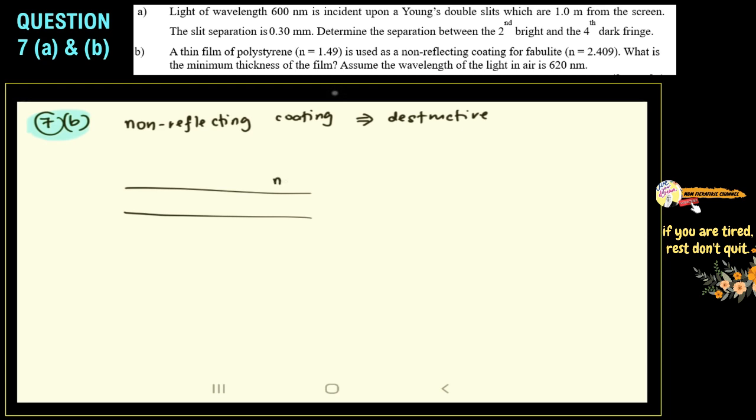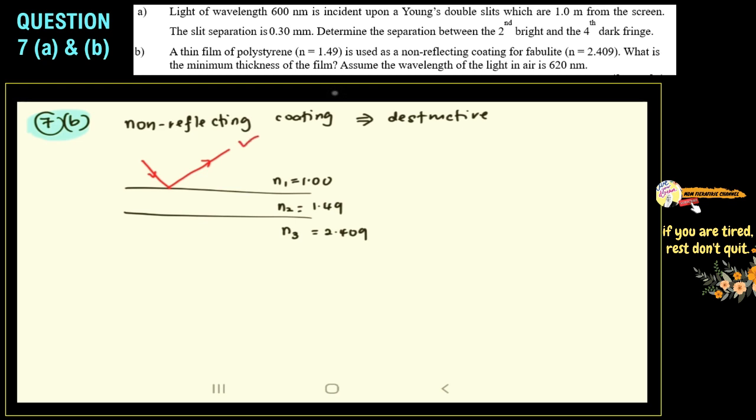Okay, so this is air, and n1 is 1.00, and n2 is the thin film layer, polystyrene, so 1.49, and n3 is the fibulite, 2.409. Okay, so look at the interference. It comes from the lower refractive index to the higher refractive index of 1.49. So there is a phase change from n1 to n2.